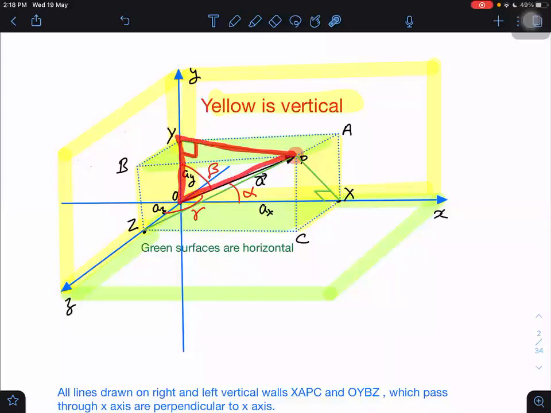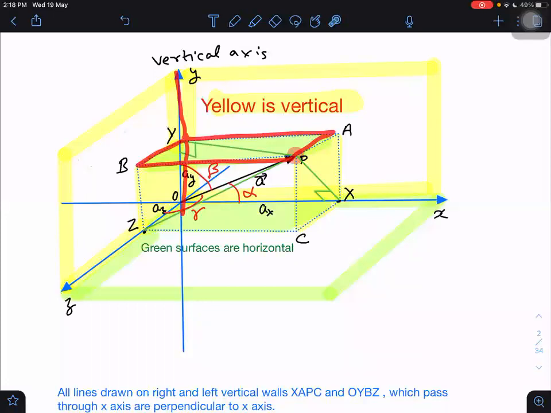If you are not able to understand why it is a right angle triangle, I told you green surfaces are horizontal. I have made this upper face green because it is also a horizontal surface. And the y-axis is vertical. So a vertical line will be perpendicular to a horizontal surface or not?